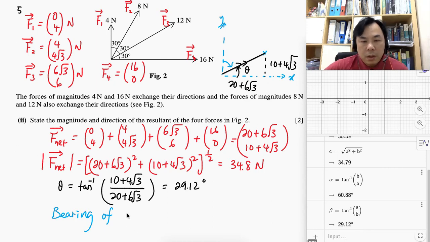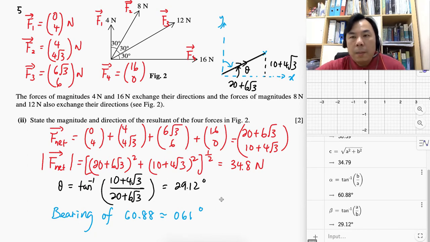It's not 70. It's 60.88 degrees, or you can say approximately 060.88 degrees, right? Usually we put a zero in front just to signify that this is a bearing measurement. All right, so I hope that's clear.